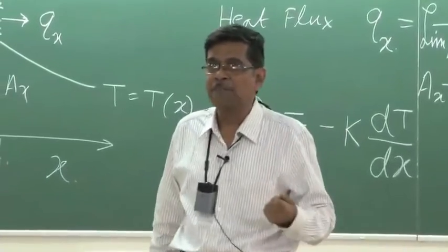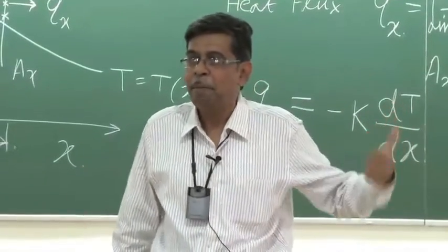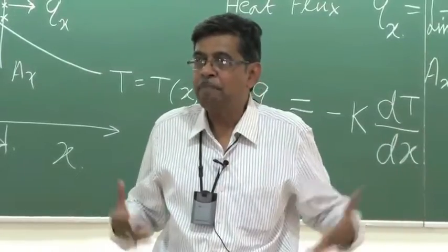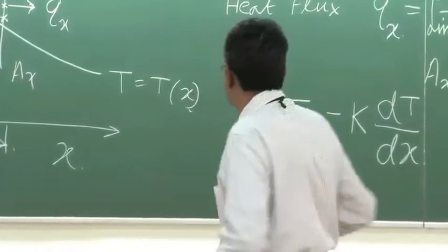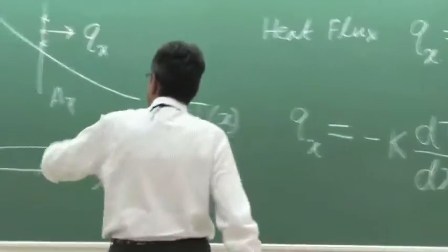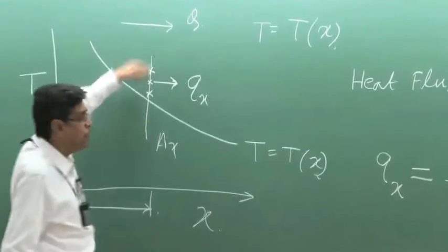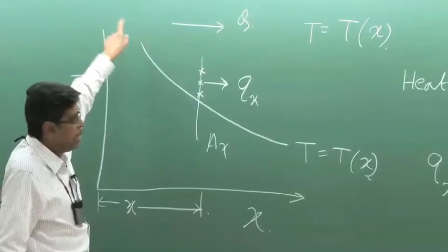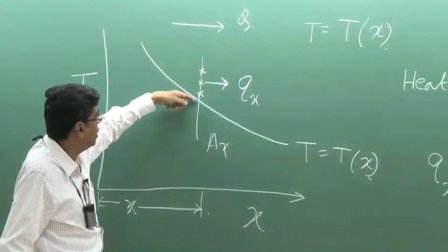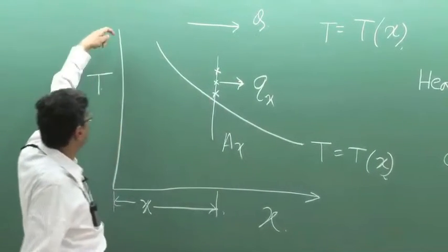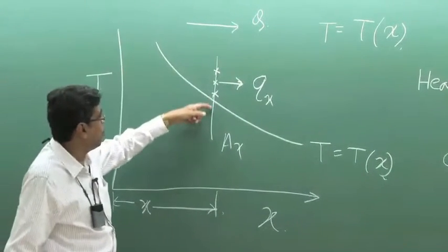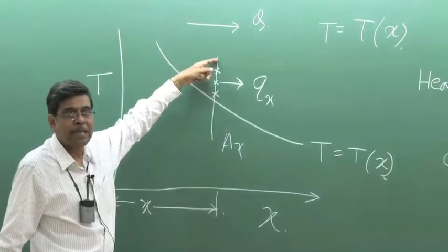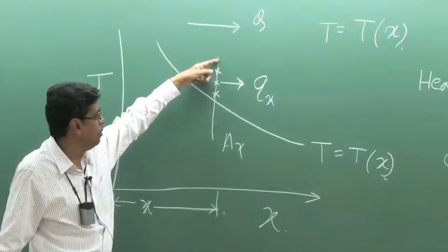Now the question comes here. It is a very simple case, but in practice temperature may be a function of that also. That means there may be a temperature variation in this direction also. Why? If you consider this as the y direction, if temperature is a function of x, not of y, then at all points the temperature gradient will be the same, and the heat flux will be the same.